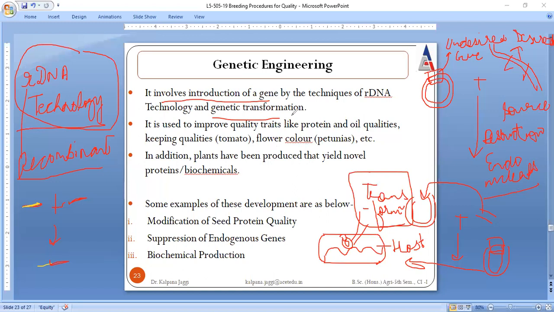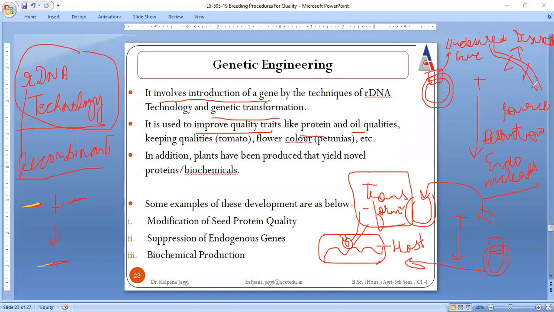When we go for genetic engineering, its advantages are that one can use it for improving certain quality traits like protein, oil, keeping qualities of tomato, flower color in petunias, etc. Because this is the desired gene. Suppose this host was no longer producing proteins of good quality.